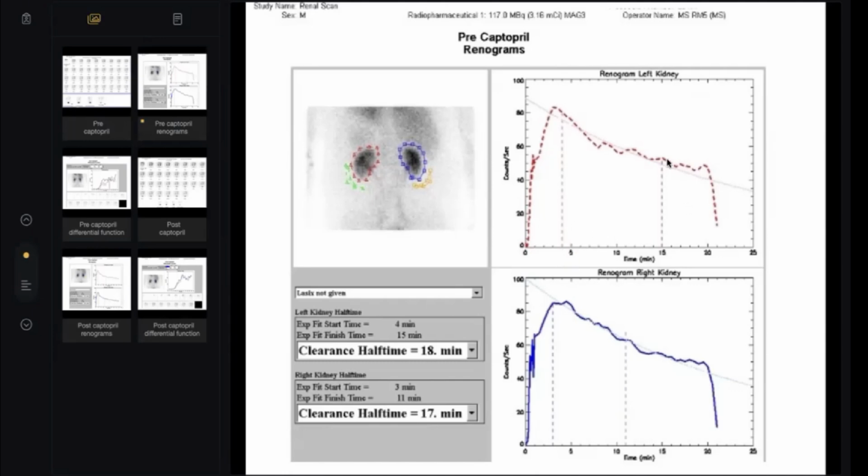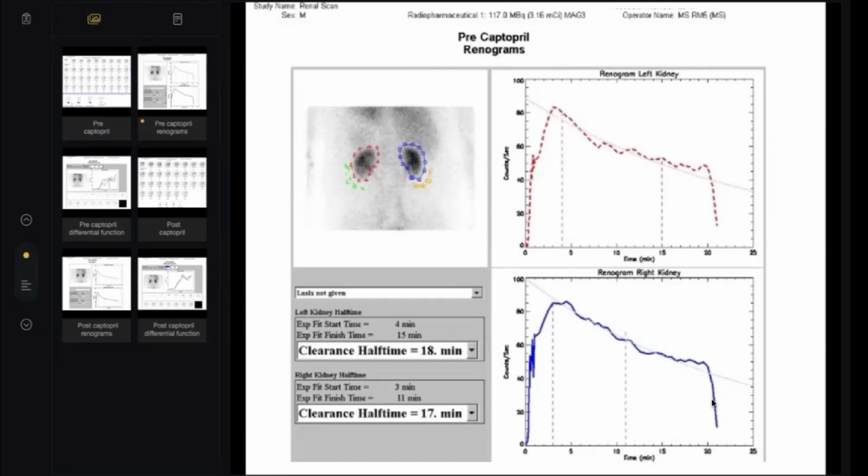This is one ideal renogram MAG3. And what happened? Uptake, then decline. Uptake, then decline. And at 20 minutes, this is one of the most important, complete clearance.